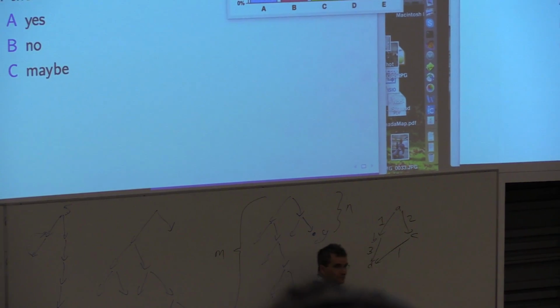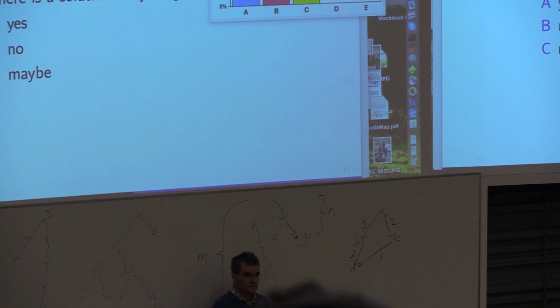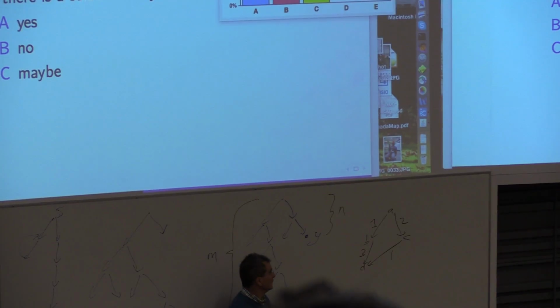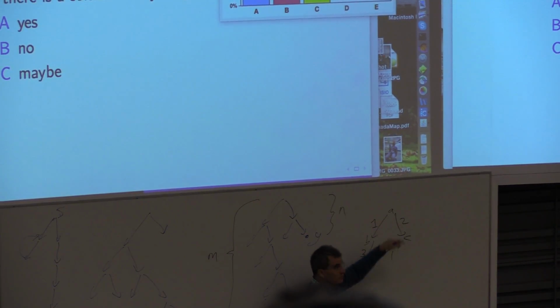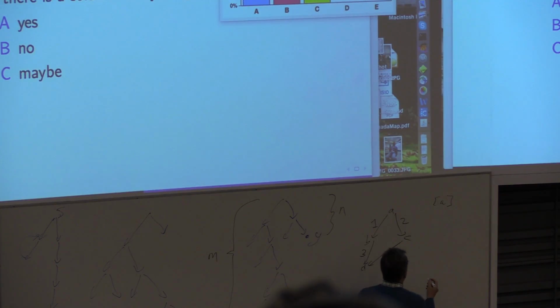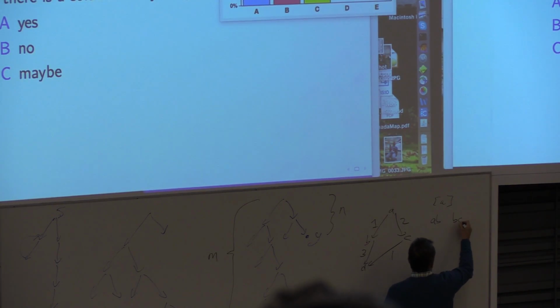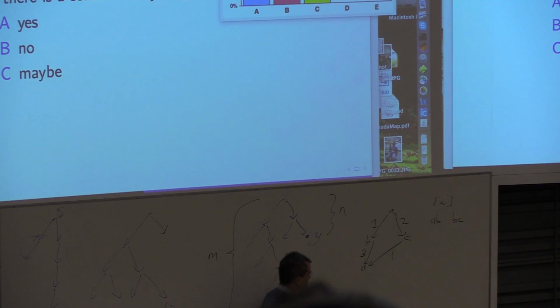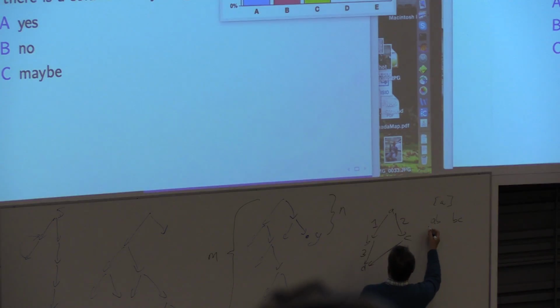So which path will it find? It goes from A to B. If we do this, the frontier starts off as A, then it has AB and AC, right? Then it's going to select this one.